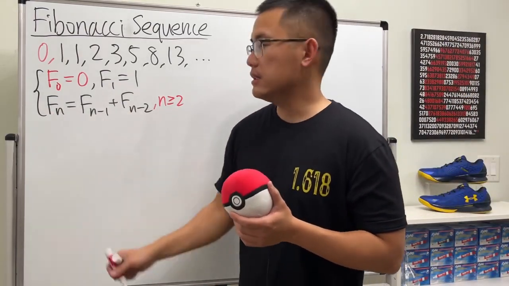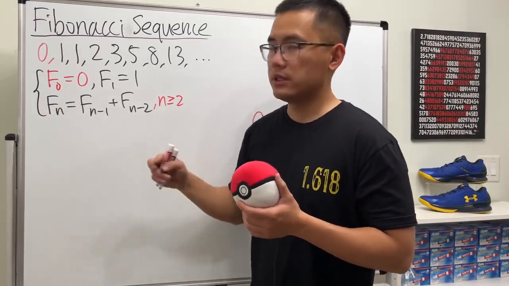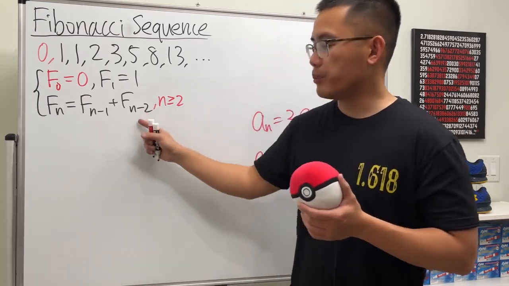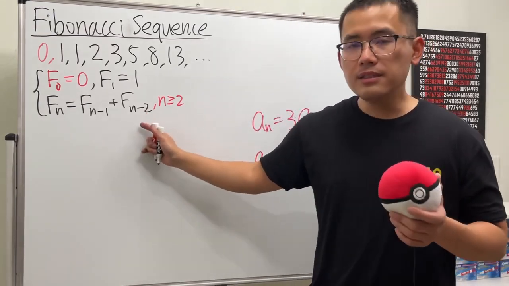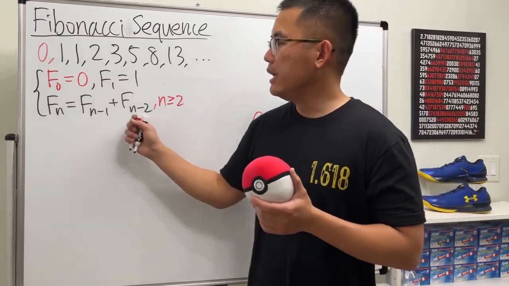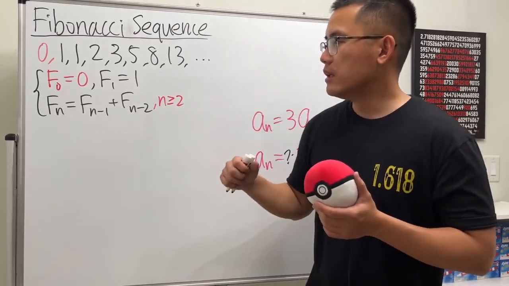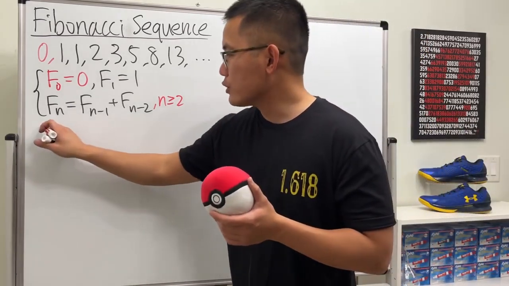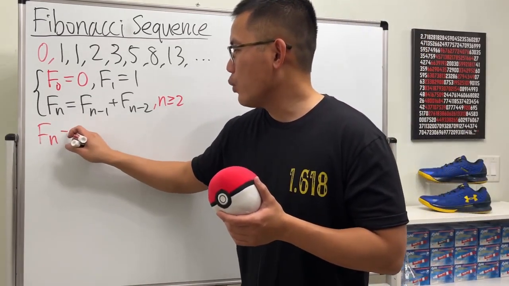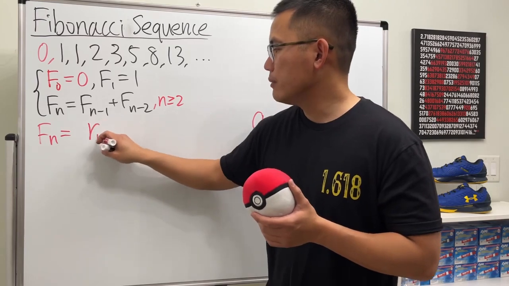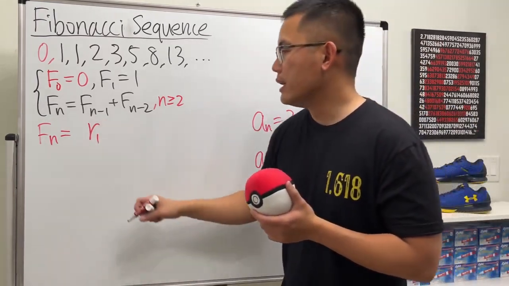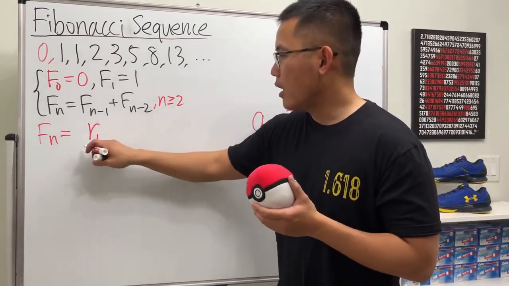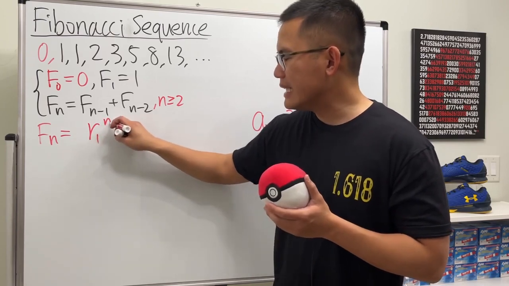If we have this, especially when we are dealing with the previous term and also the term before that, this is an example of what we call a second order linear recursion. Then the general form is going to be fn equals some r value, and I will call that r1 because we will have 2 r's, r1 to the nth power.